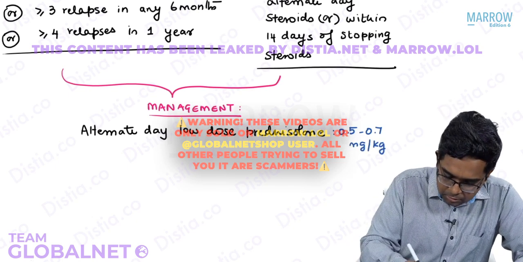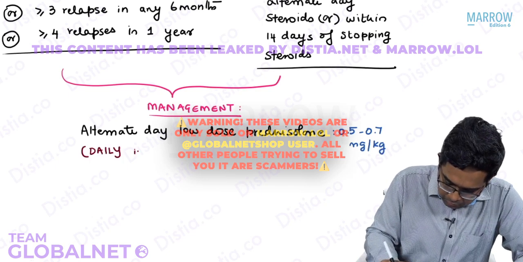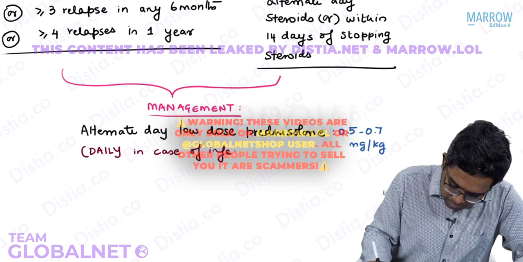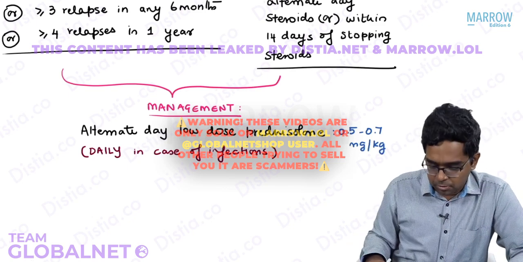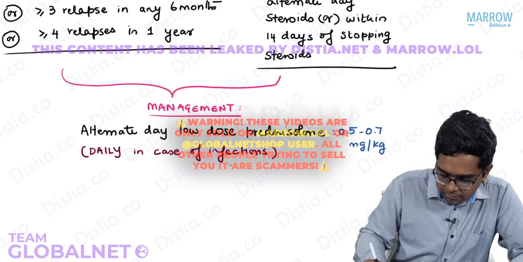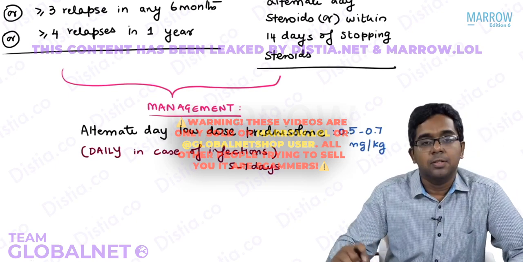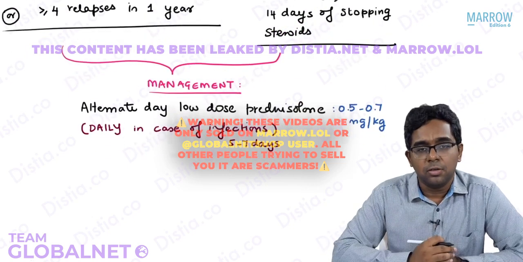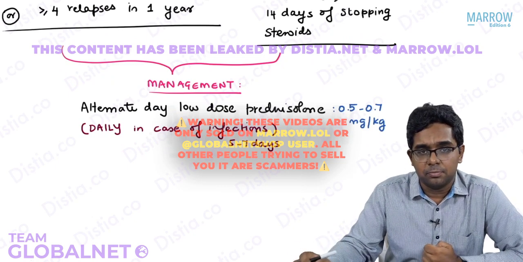This same dose has to be given daily in case of infections, because it is said that infections can precipitate one more relapse of nephrotic syndrome. So during the time of infection, that is 5 to 7 days of infections, you have to give daily dose of prednisolone. That is the usual management for frequently relapsing nephrotic syndrome and steroid dependent nephrotic syndrome.